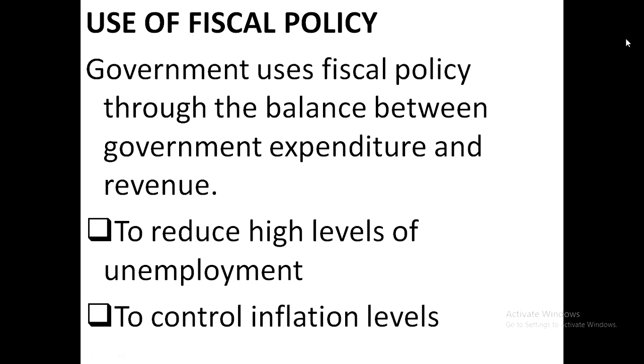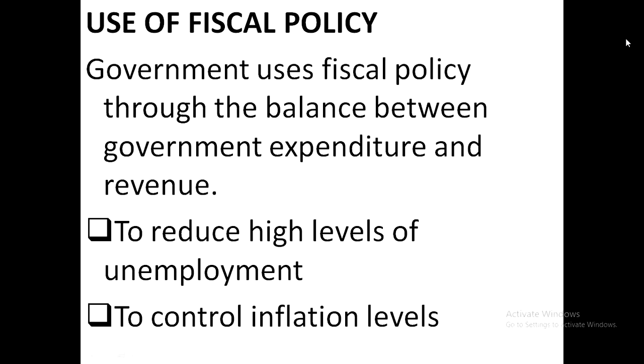Under the expansionary fiscal policy, government must reduce taxes and increase its expenditure. This will increase the levels of demand in the economy. However, if government is to reduce taxes and increase government expenditure, the resultant budget will be a deficit budget.